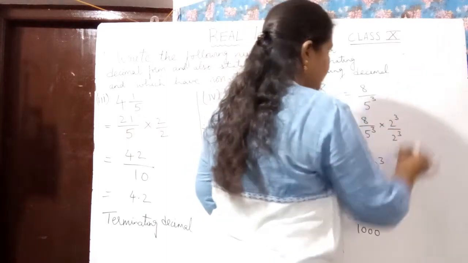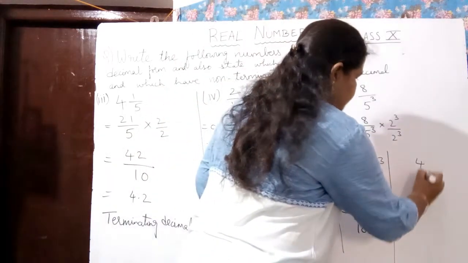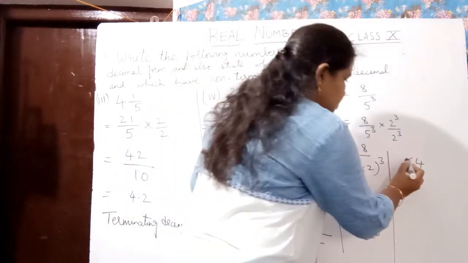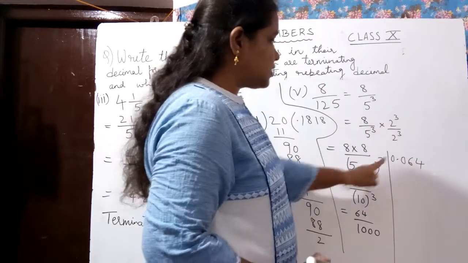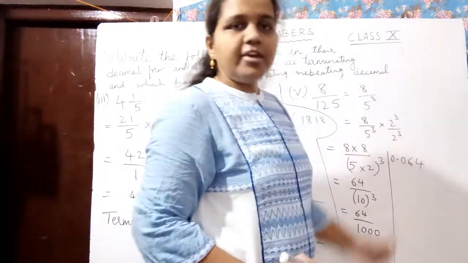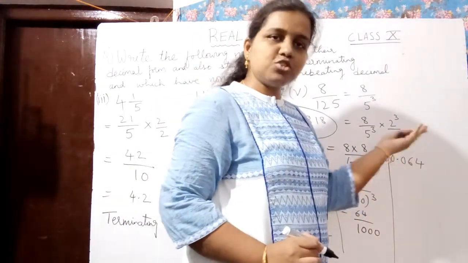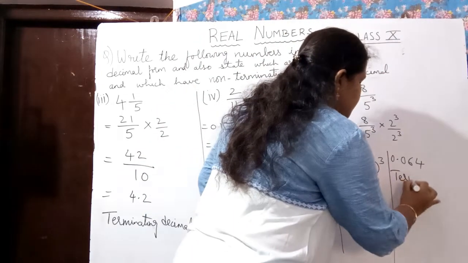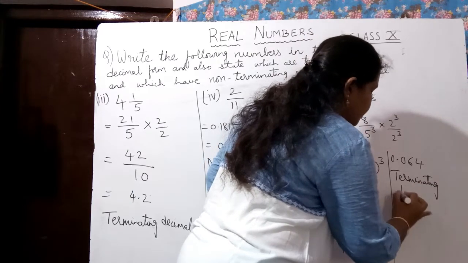I am moving the first decimal, second decimal, the third decimal is not there, so I have to put a 0 and then a point. So this value is 0.064, which means it is stopping there. So it is a terminating decimal.